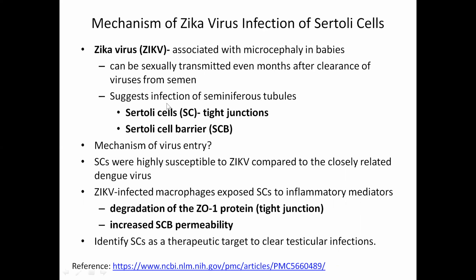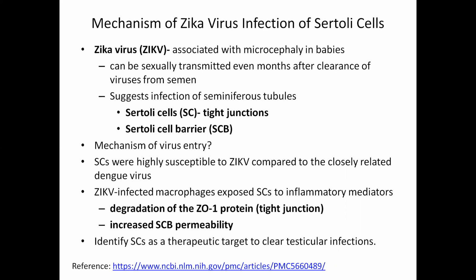And this suggests infection of the seminiferous tubules where sperm is produced. And inside seminiferous tubules are Sertoli cells, which form tight junctions together, and they form the Sertoli cell barrier around the spermatozoa. And they mostly act as a support in the seminiferous tubules.